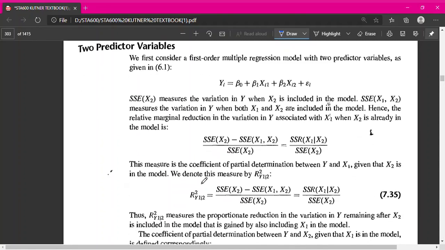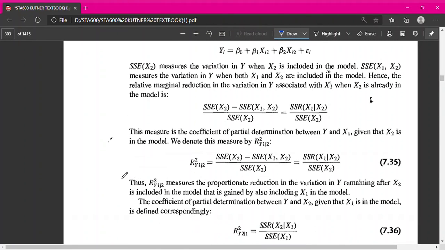Okay, so ini contoh. Let's say kita nak cari partial determination of R square. Dia punya notation macam ni. Tulis y, maksudnya kita punya model y. Okay, 1 given 2 means x1 given x2 kat sini.